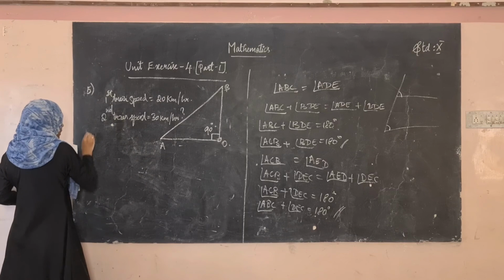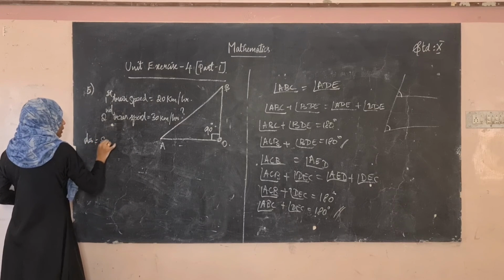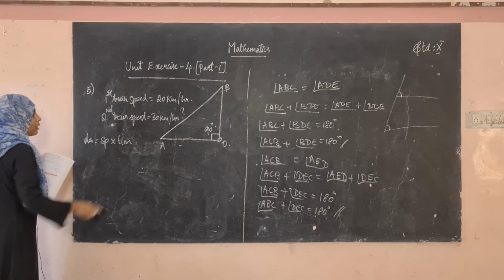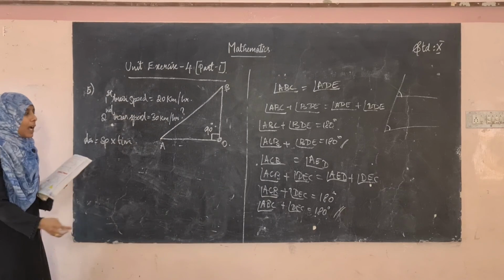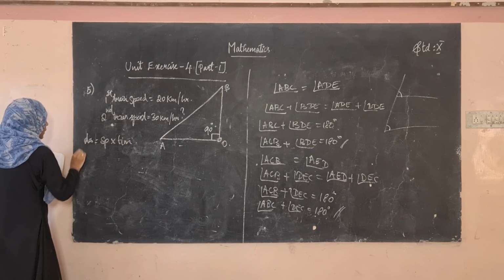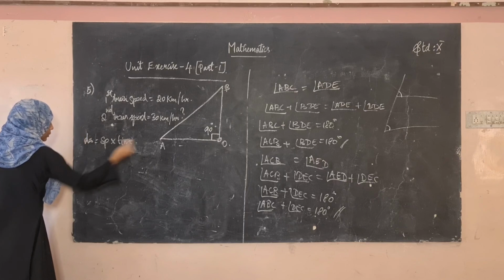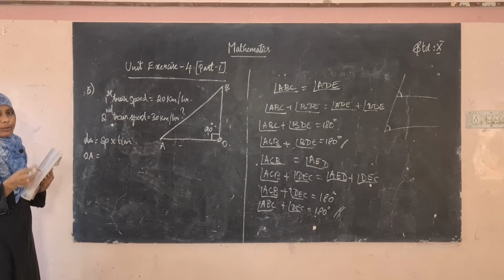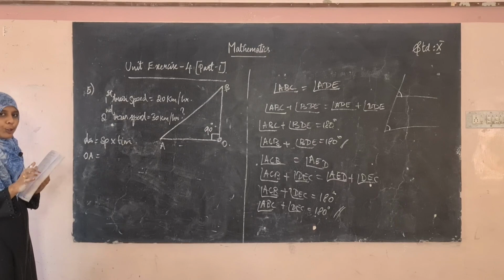We know that distance is equal to speed into time taken. We know the speed, and the time taken is 2 hours. So for the first train, the distance OA is the distance the first train has covered after 2 hours.